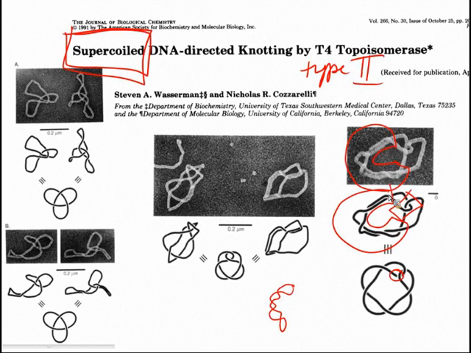Well, first off, what is equilibrium value? Equilibrium value is if the topoisomerase were to act randomly, or if you were to take linear DNA with sticky ends and circularize it.